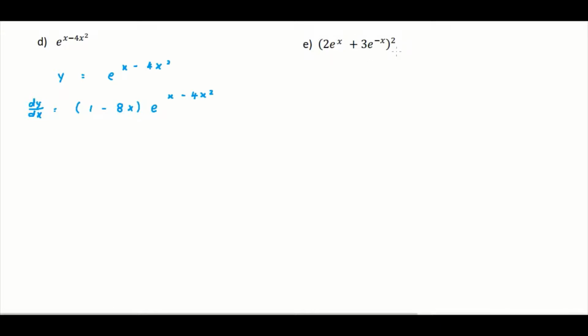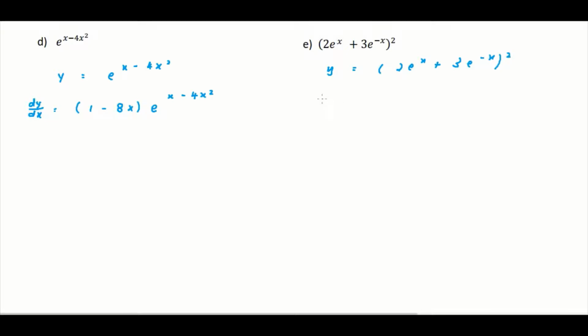You can decide yourself whether you want to expand it first, then differentiate as usual, or treat it as f(x) to the power of 2. So it depends on you. I'm going to show both as your reference. So (2e^x plus 3e^(negative x)) squared.